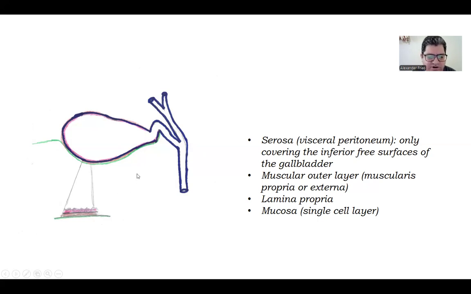The mucosa absorbs fluid to make the content more concentrated, because this is a reservoir that collects bile from the liver. During the fasting period, it receives the bile from the liver, and like a sac, it increases its volume, and this layer reabsorbs the water and concentrates the bile.